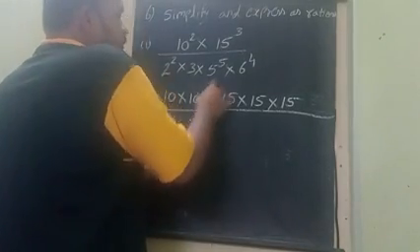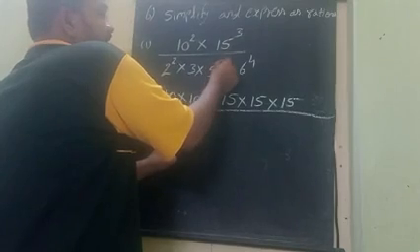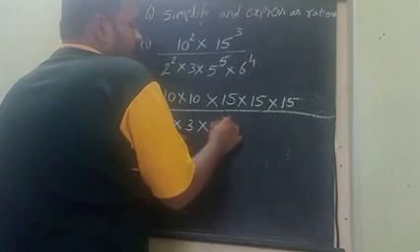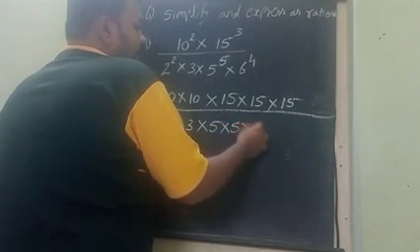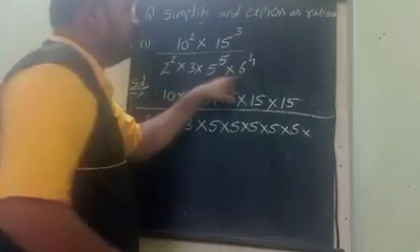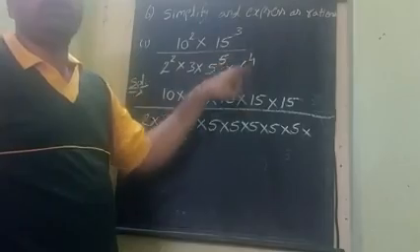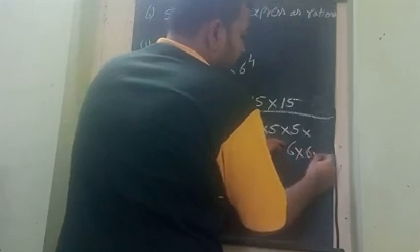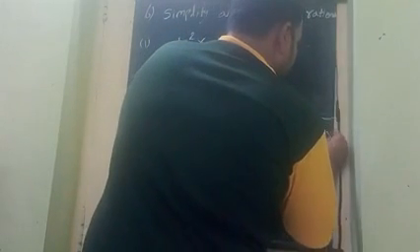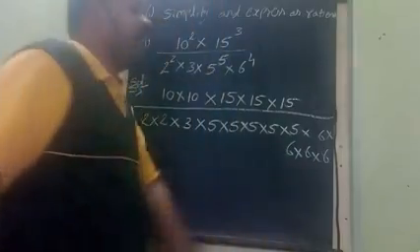Then 5: is it having power? Yes sir. 5 power 5, that means we write 5 five times: 5 into 5 into 5 into 5 into 5. Then 6 power 4. The power is 4, so write 6 four times: 6 into 6 into 6 into 6.